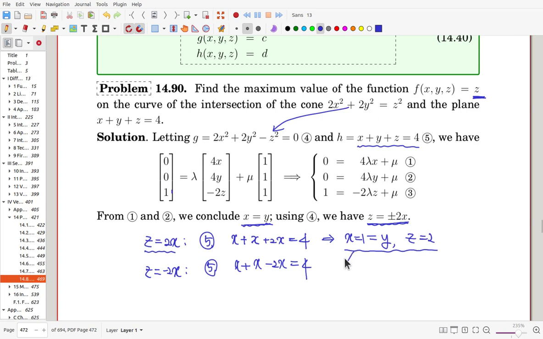So from that case, we cannot get anything. So this is the solution. The maximum value of f, which is the simple function z, is 2. That's the final answer.